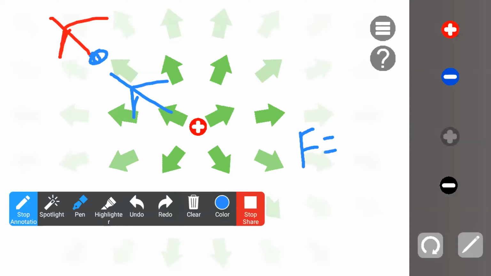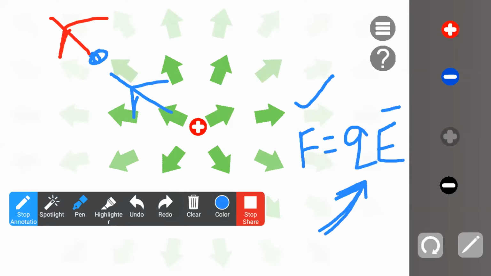It definitely depends on how much electric field you are giving, which depends on how much charge is in your hand, and it also depends on how much charge you are placing here. So the force on any charge depends on these two factors. Already the electric field is acting. If you put 1 coulomb of charge, you will get maybe 1 Newton of force, or if you put 2 coulomb of charge, you will get 2 Newton of force.